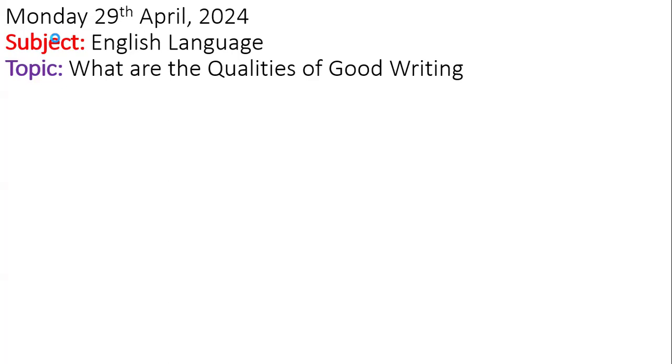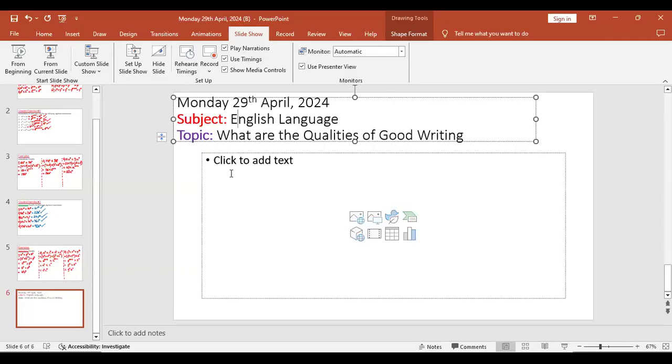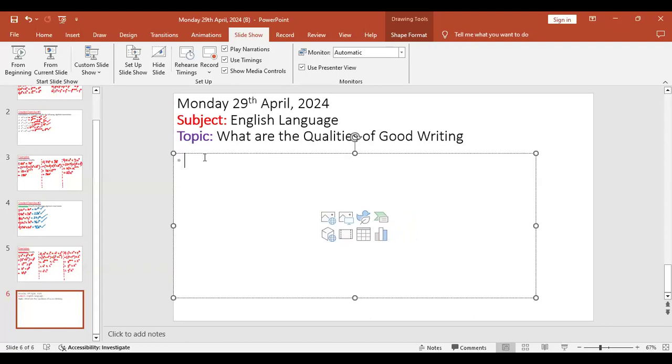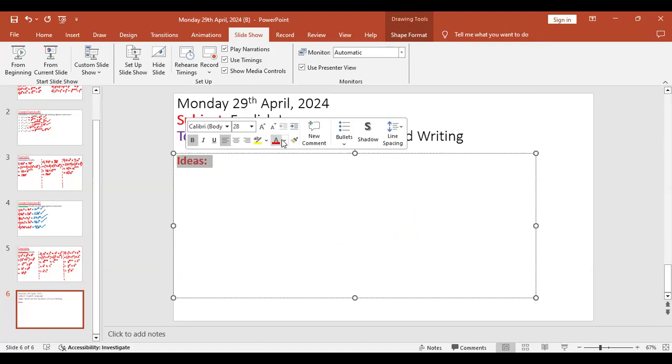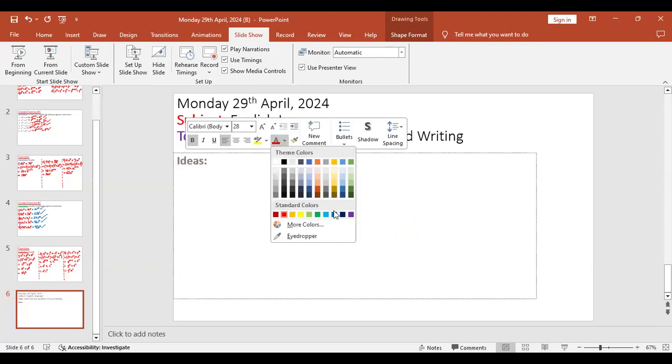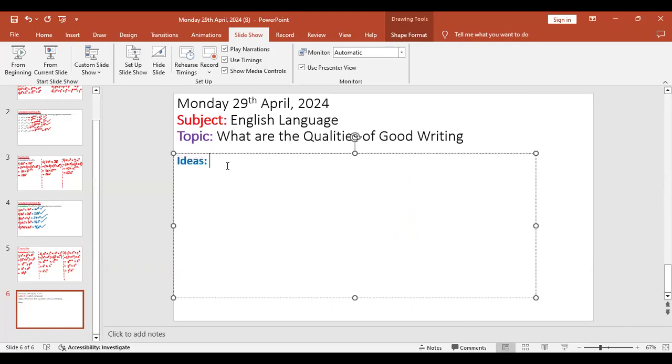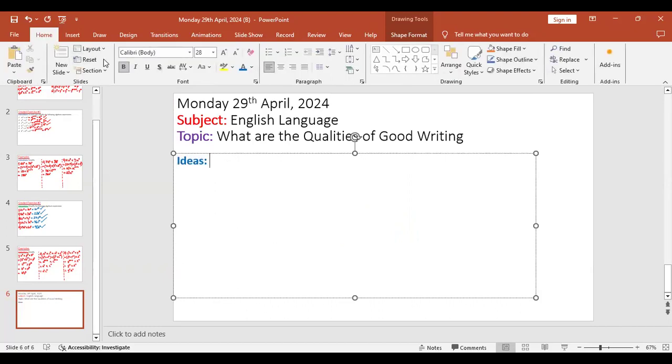So first of all, we're going to talk about certain qualities that are good for writing. The first quality is the ideas. Writing is made up of ideas. In order for your essay to be the creme de la creme, to be the best, in order for you to write effectively, you need to have good ideas.